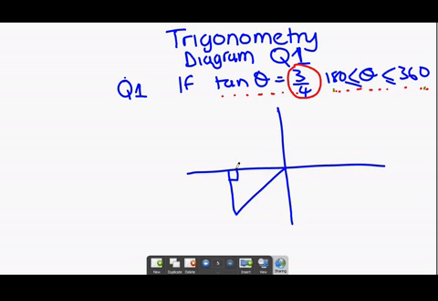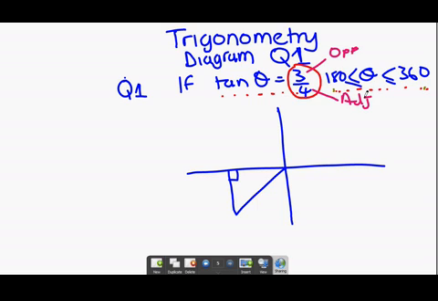Now what do the 3 and the 4 represent? If you look at your tan, tan is opposite over adjacent, and you must know this from your grade 10. Tan theta is opposite over adjacent.